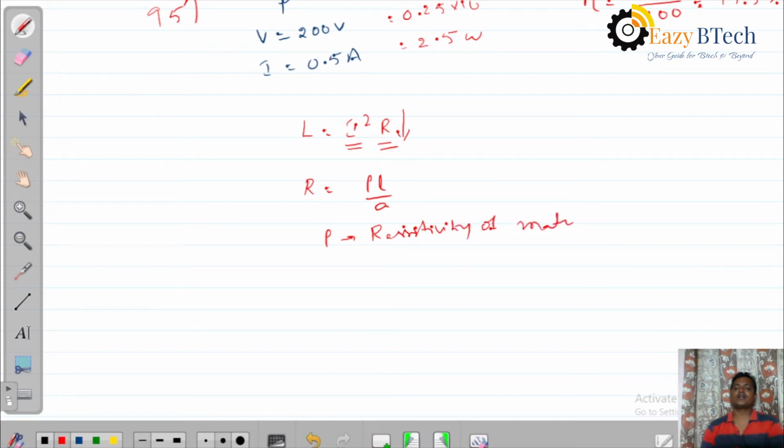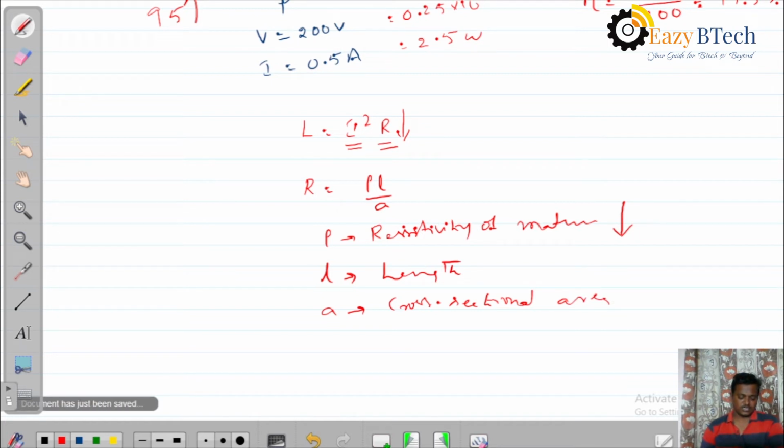What type of material are we using for the conductor? We have to choose low resistance, meaning more conductance material. L equals the length of the transmission system, and A equals the cross sectional area of the conductor.